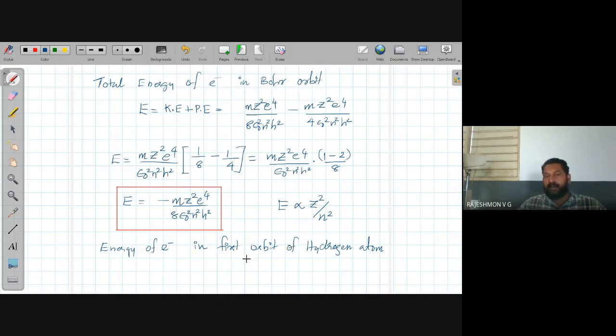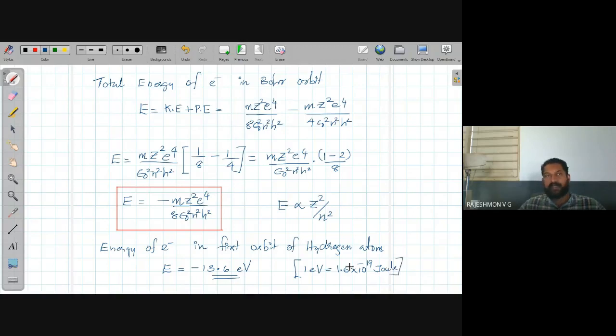Here also the energy of electron in the first orbit of hydrogen atom you can calculate, and it is found to be minus 13.6 electron volt, where 1 electron volt is 1.6 into 10 to the power minus 19 joule.